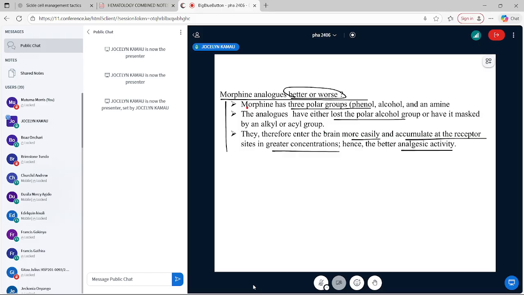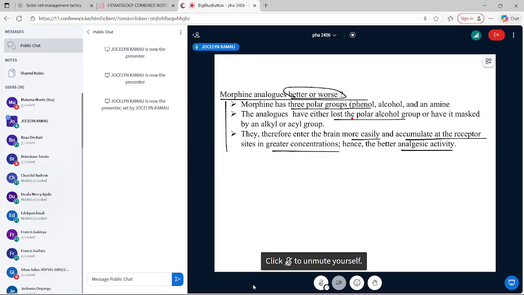So for this question, whether morphine analogs are better or worse, I would say it is dependent on the specific structural modification. And then I give examples. If you're looking at codeine, the methoxy group at position number 3 decreases activity. So if you compare it with morphine, it's worse in terms of analgesic activity, but it's better in terms of toxicity, addiction, and so on.